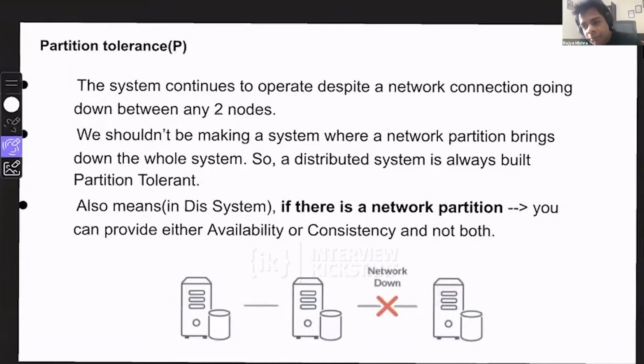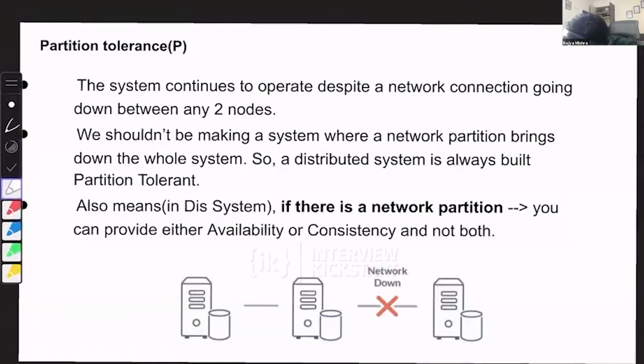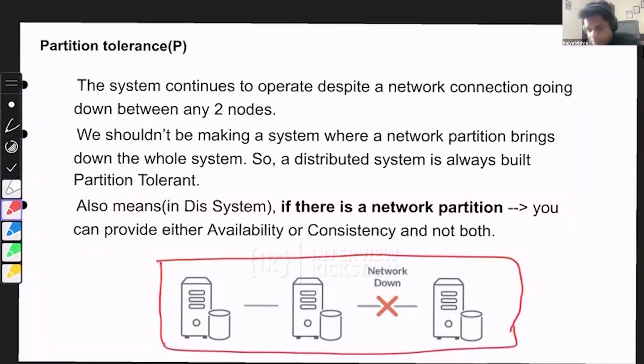For CAP theorem, the first important part is partition tolerance. Now, what is partition tolerance? As we can see in this diagram here, let's say these are three database instances. These two servers are in sync with each other because the network connection is there.